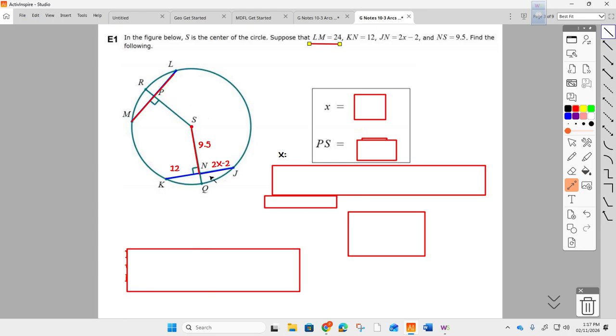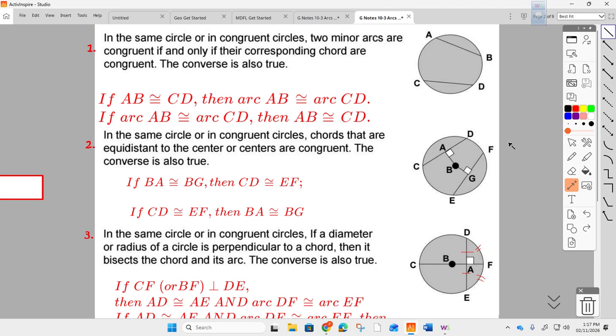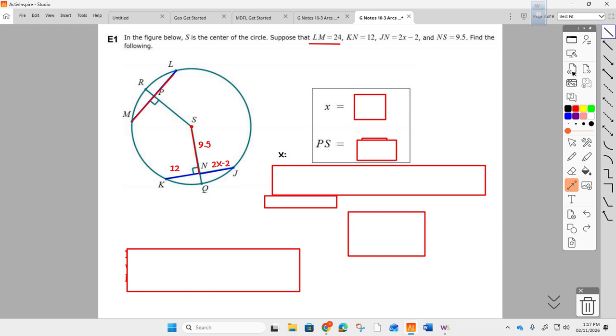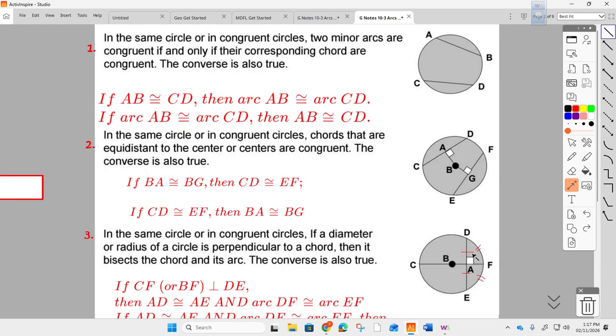Is it perpendicular to this chord by chance? What does it say here? If it's perpendicular to a chord, we know that it bisects the chord into two parts, and we know by now they have to be congruent parts, right?